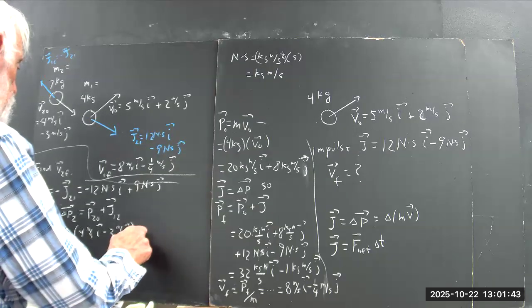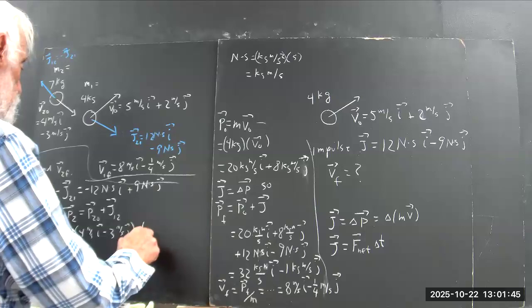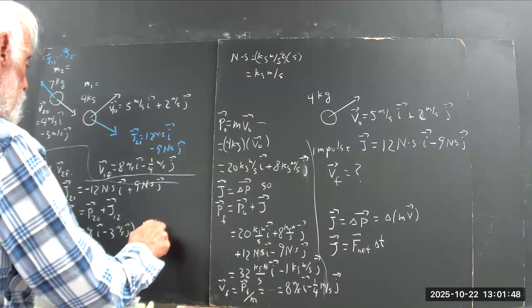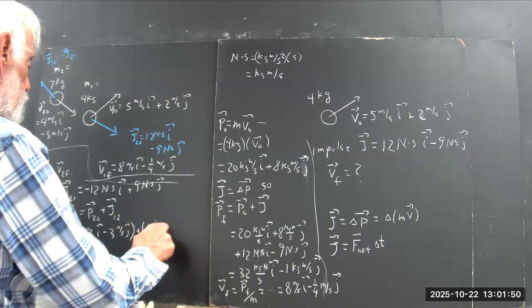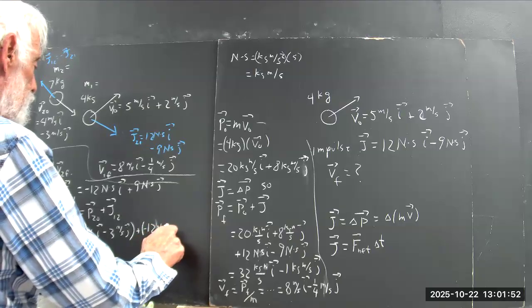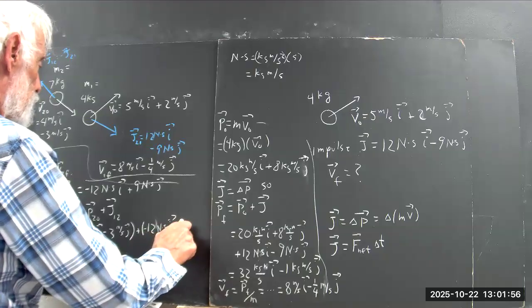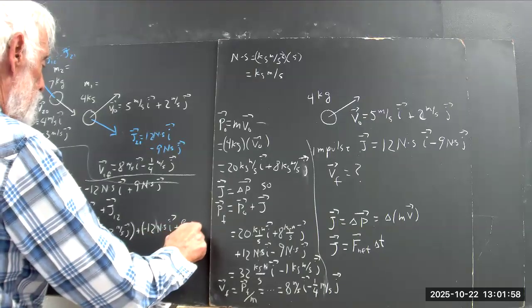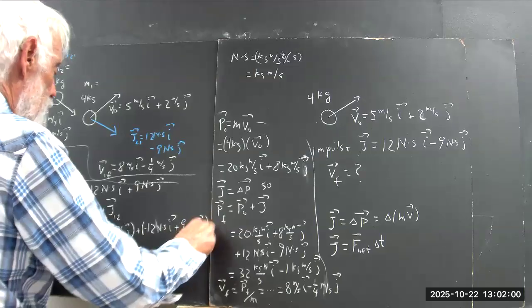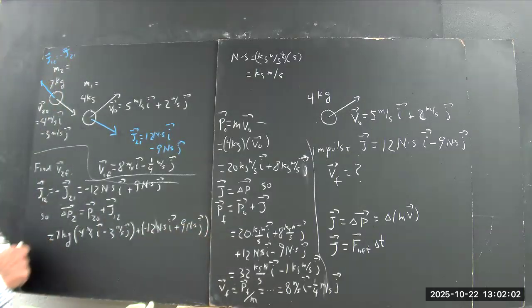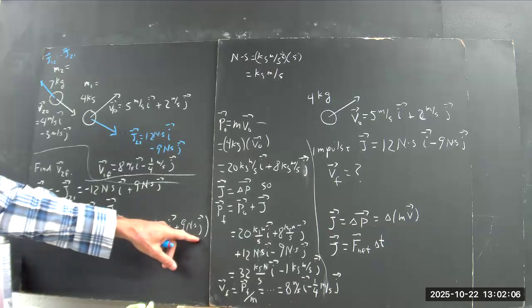And then that's going to be plus the impulse, which is negative 12 Newton seconds times I plus 9 Newton seconds times the J unit vector.